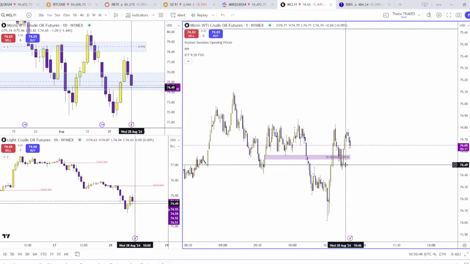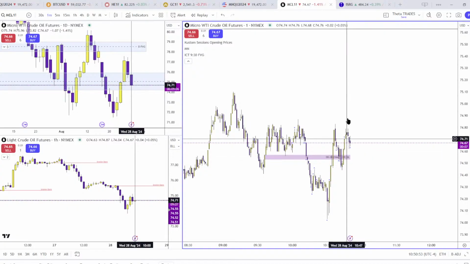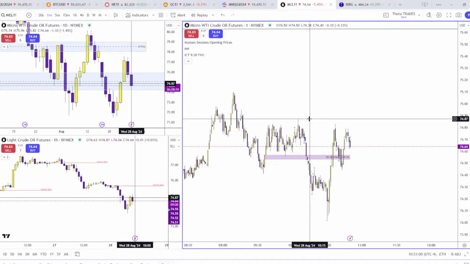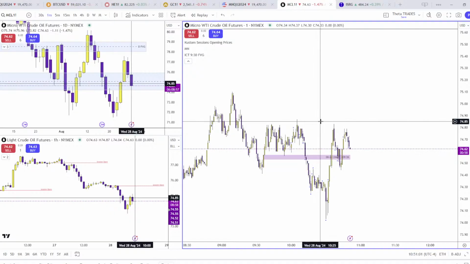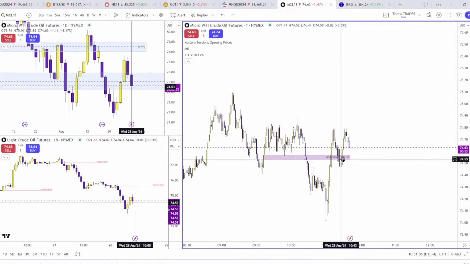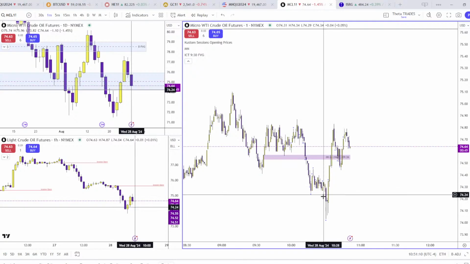So I like to see it come back, find some support off of here, and then start pushing higher. You don't want to see us lose this candle on the downside. If you lose that on the downside, you're coming back inside here.